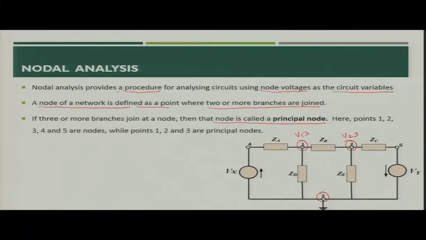Similarly, here you can write V2 3, here V4 3, and here V5 3. These would be the node voltages with respect to the reference node, that is node 3 in our particular case.